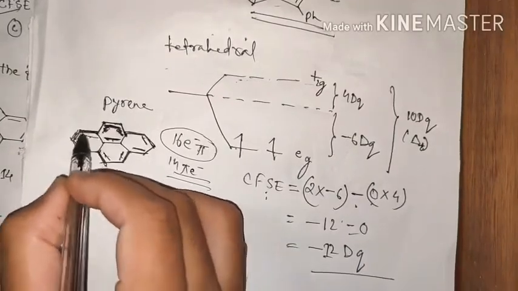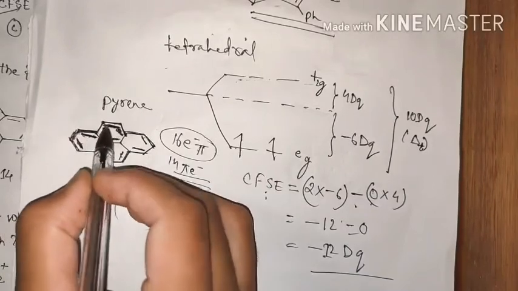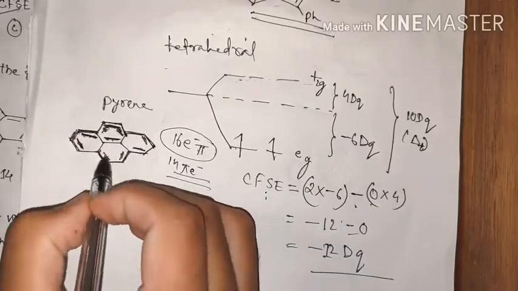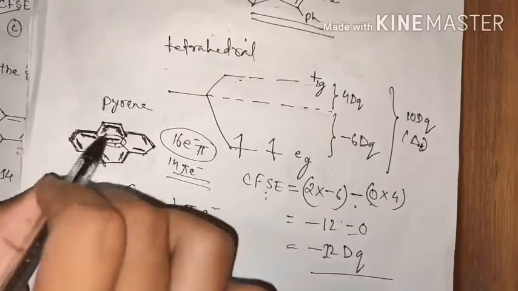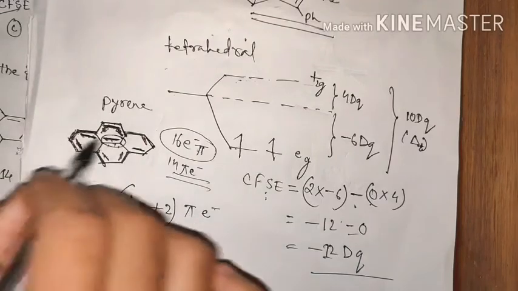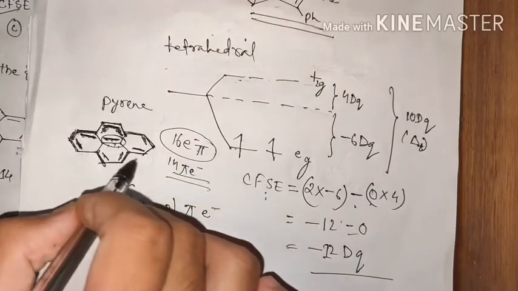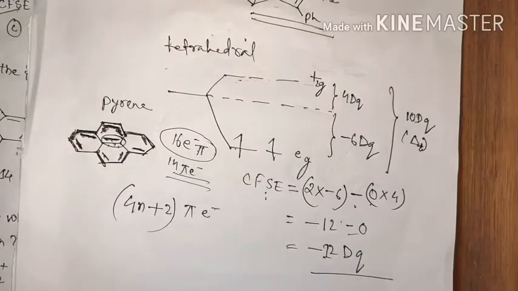This is the outer surface, so we are going to take only this. We are not going to take the middle one because it is not involved in delocalization. Only these outer electrons will be involved in delocalization. So we are going to take a total of 14 pi electrons.